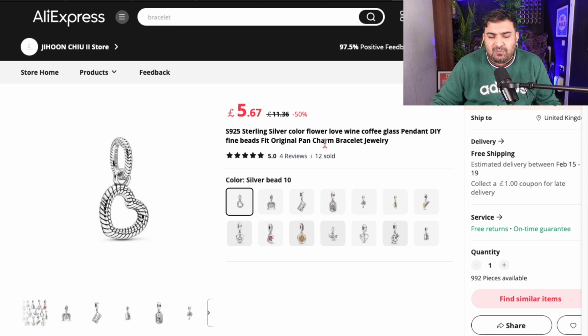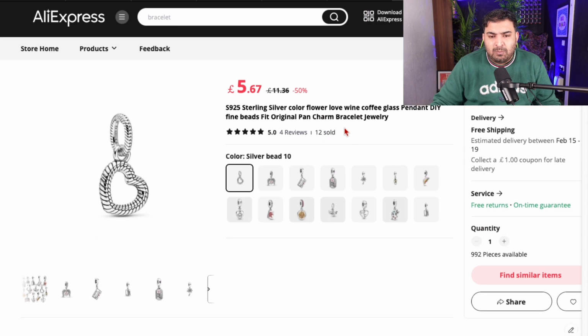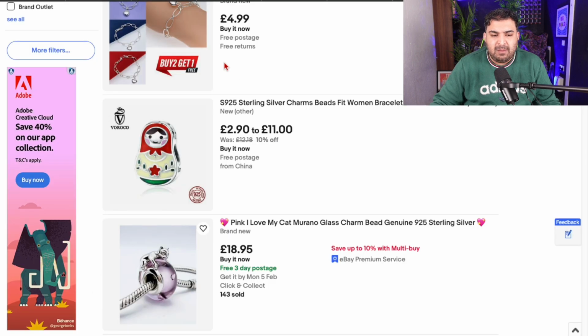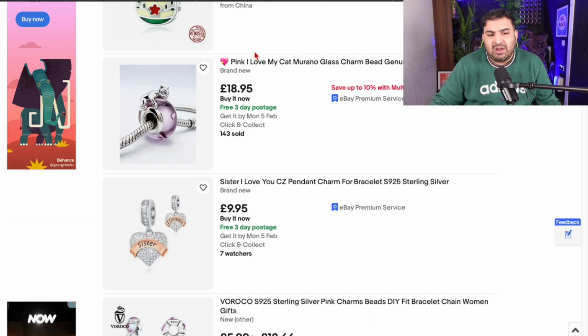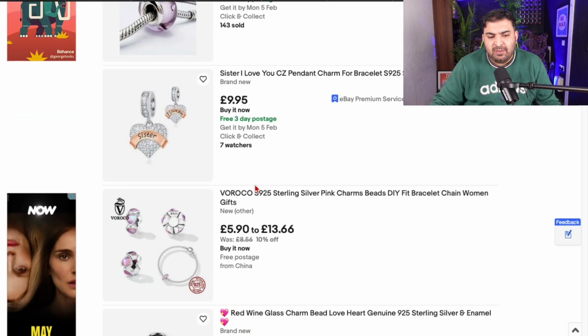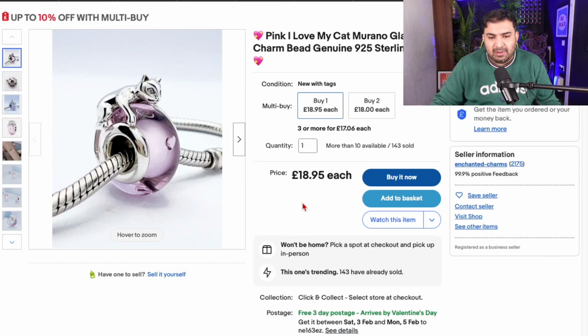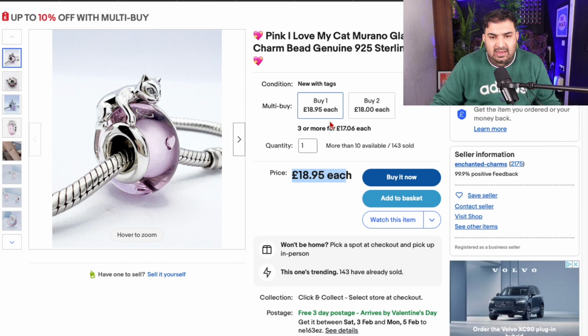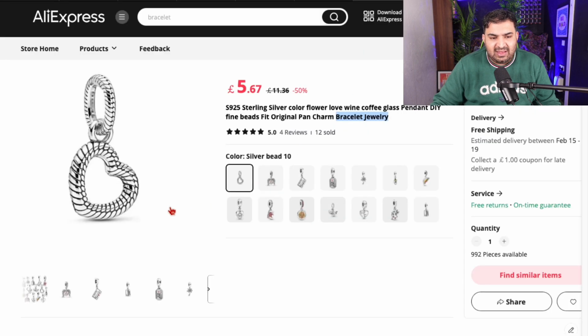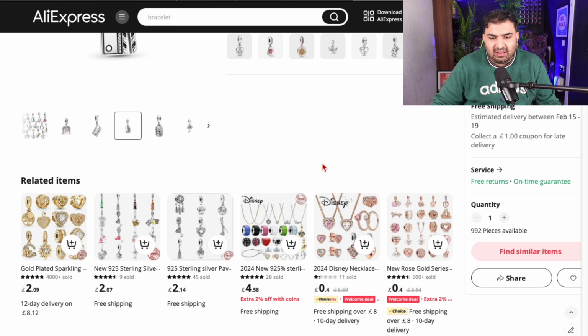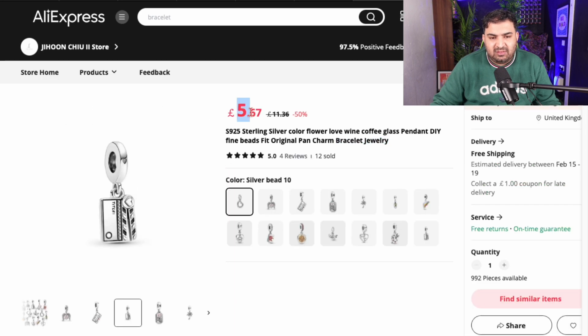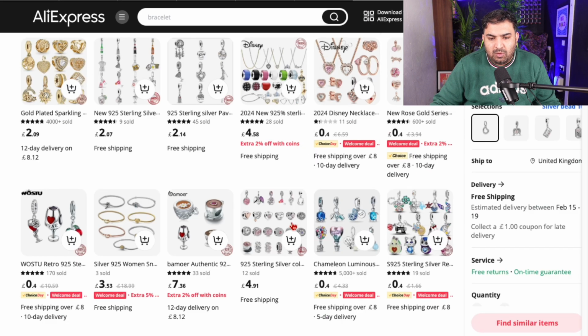If I, for example, want to look more into it, I can look for bracelet, jewelry, maybe. You can see similar types of items are going for £19. This one is £18 right here. You can see this one, $18.95. This one is doing really well. And bracelets like this, I can see on Alibaba, AliExpress, this one is $5.67, but I can look more into it.